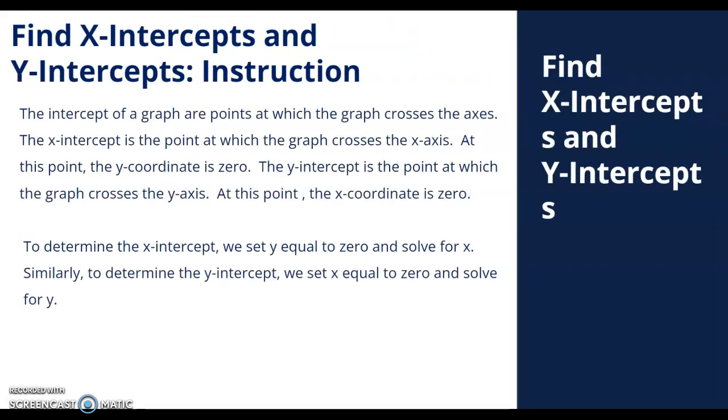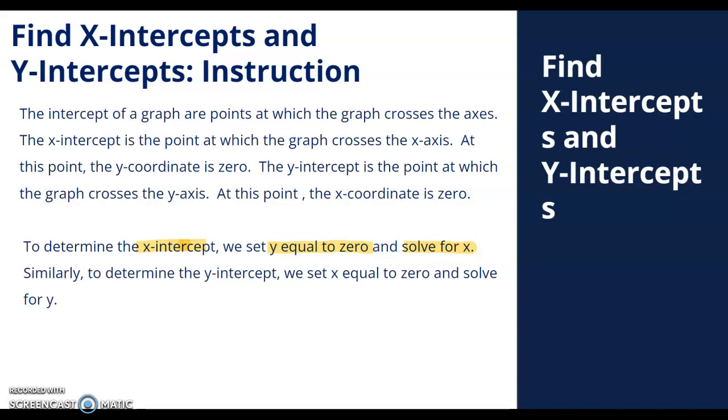Now to determine the x-intercept, this is similar to finding the y-intercept. We've discussed that to find the y-intercept, we will just set x to be equal to 0. So therefore, to determine the x-intercept, all you need to do is set y to be equal to 0 and then solve for x.